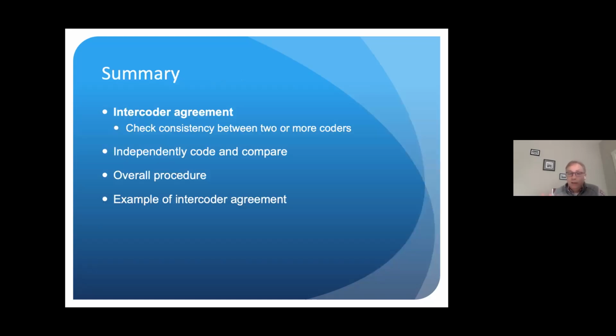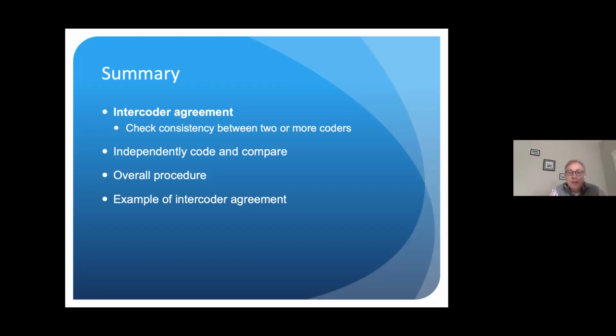All right, so again, intercoder agreement is just a way to check consistency between coders where they independently code and compare. I do recommend that you go through the exercise for a couple of reasons. For one, I find that discussion, that consensus building, to be really valuable.